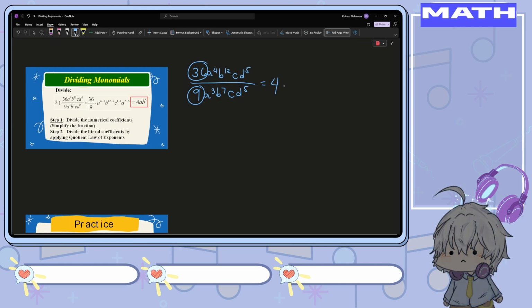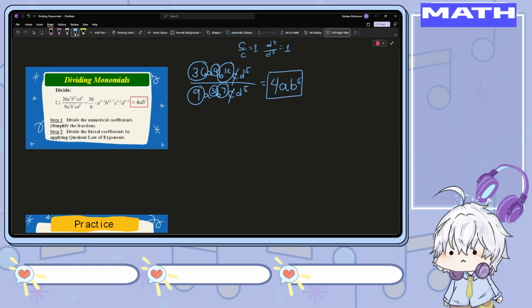Next, we apply the quotient rule to each one of them. a to the 4 minus 3 is a to the 1 power, but we do not write the exponent 1. b to the 12 divided by b to the 7 amounts to b to the 12 minus 7, which is 5. c just cancels out because c divided by c is 1, and we do not write 1 again. Same goes for d to the 5th over d to the 5th. The answer is 1. So the final answer for this one is 4ab to the 5th power.